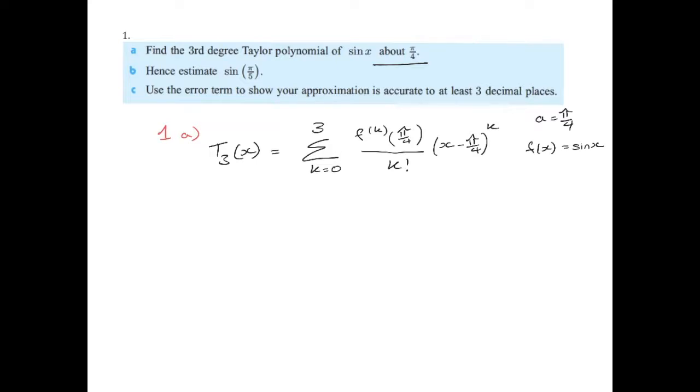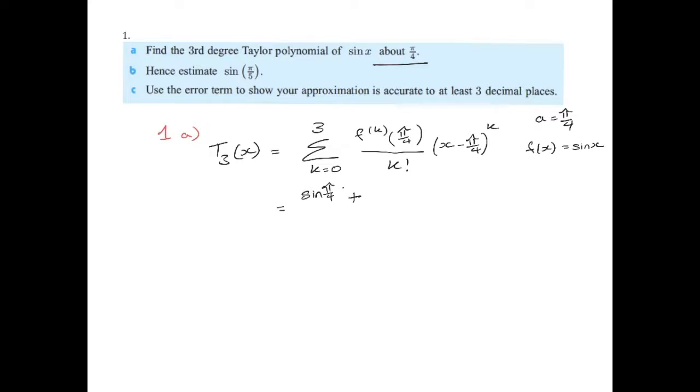So when I work this out, when k is 0, it's just f of pi on 4, or sine of pi on 4 over 0 factorial, which is 1, times x minus pi on 4 to the 0, which is just 1. So that's the first term.